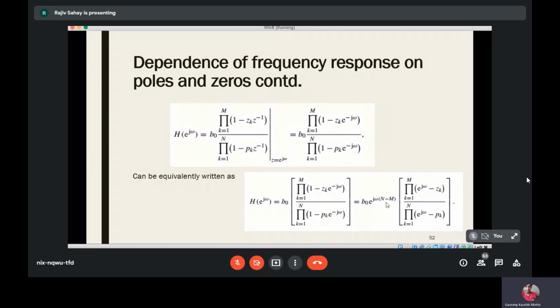So b_0 is a constant, and there are zeros of order N-M. We have M zeros, we have N poles. Just a little modification. Done.